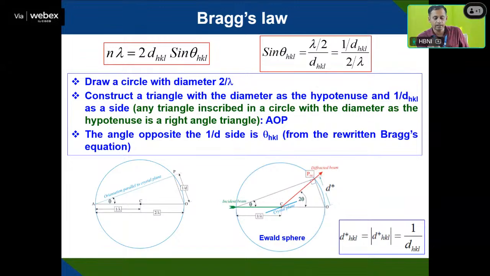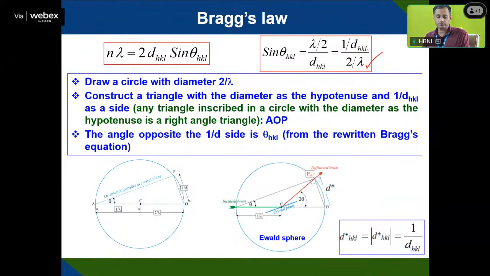If you see Bragg's law, n lambda equal to 2d sine theta, you can rewrite this as sine theta equal to lambda by 2 d HKL. That is, lambda by 2 by d, equal to 1 by d divided by 2 by lambda.